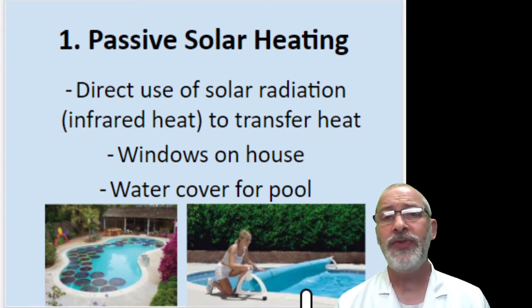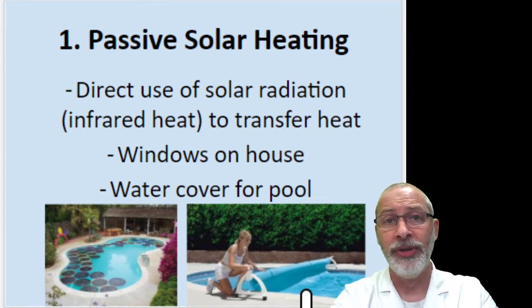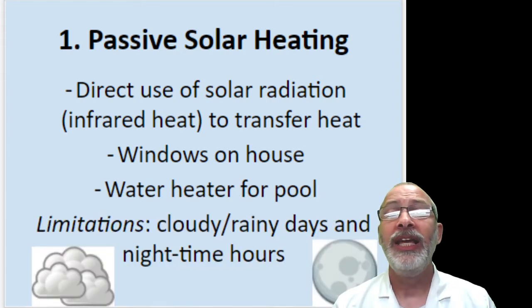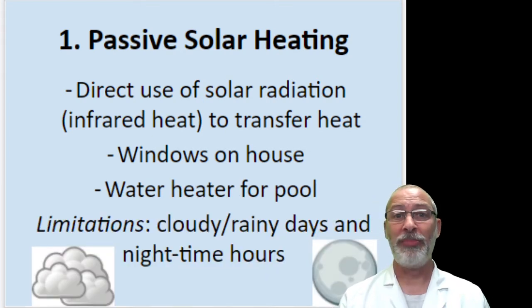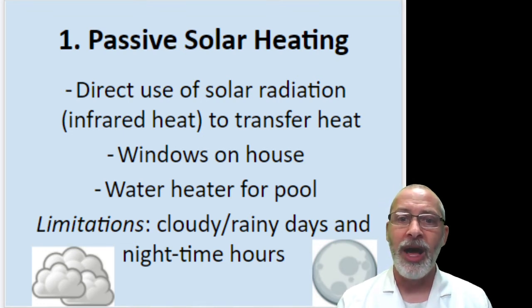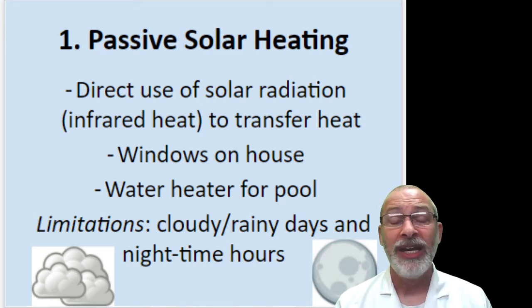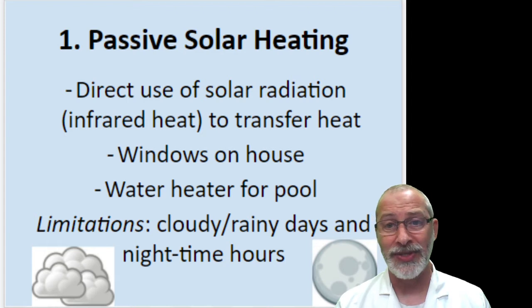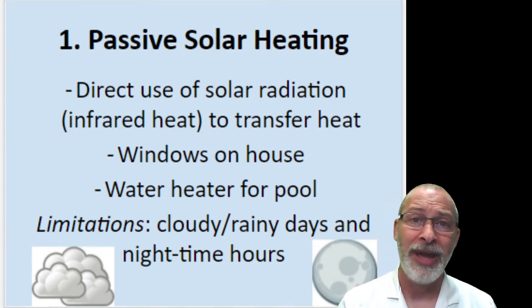Now, with passive solar heating in general, there are some limitations. And we'll be talking about limitations for each of these different sources of solar energy. And the obvious limitations for passive solar heating include cloudy and rainy days and nighttime hours.